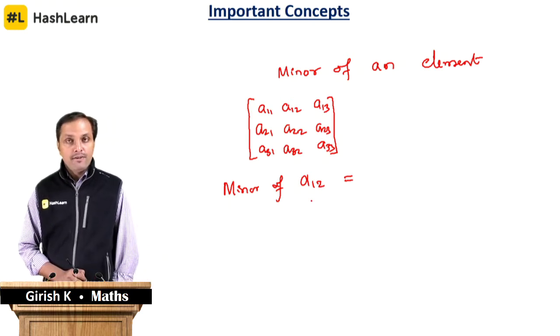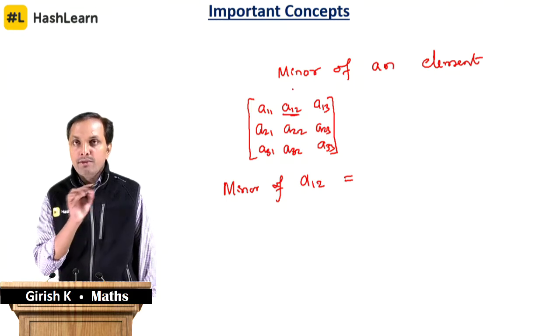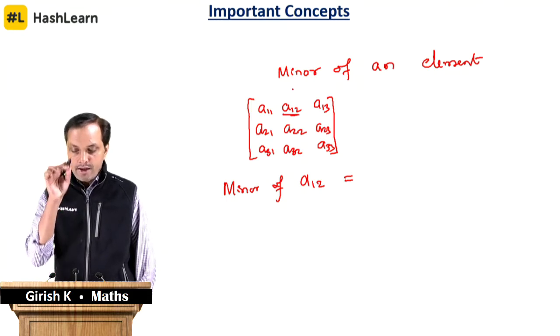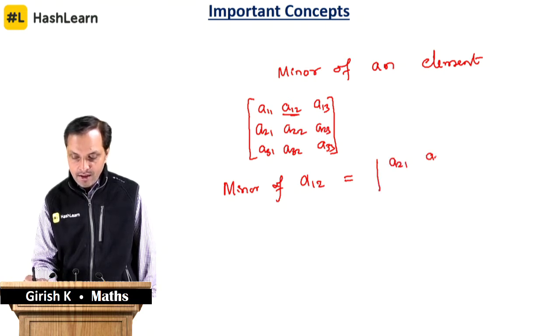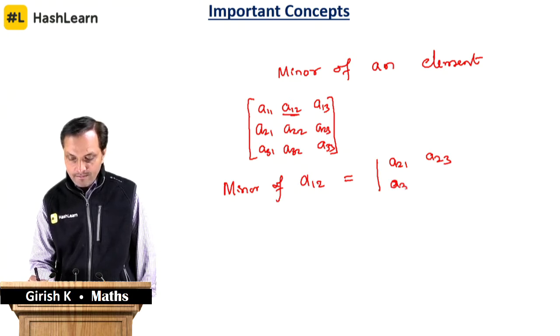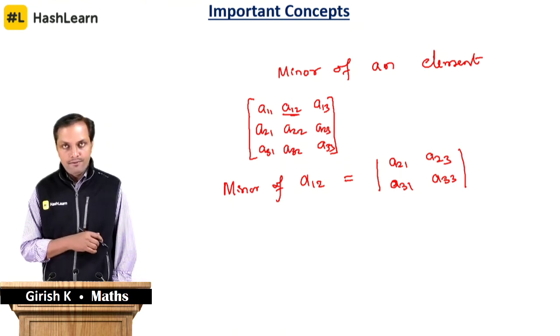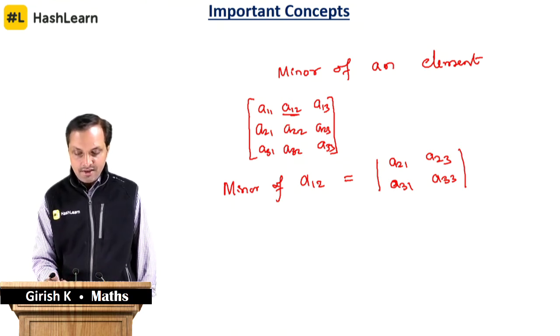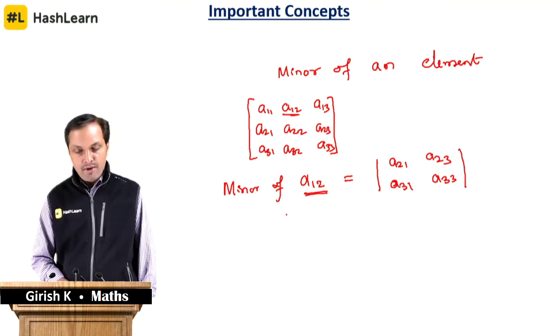A12 is here. You need to leave the row and column where A12 is present. So A21, A23, A31, A33 remain. The determinant of the elements left after leaving the row and column of A12 is called the minor of A12.